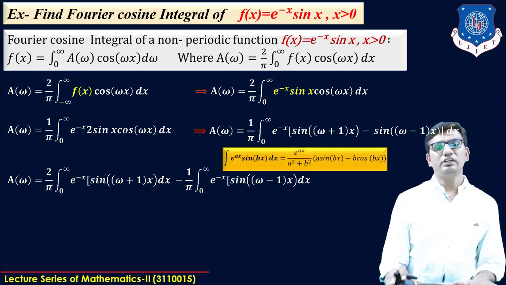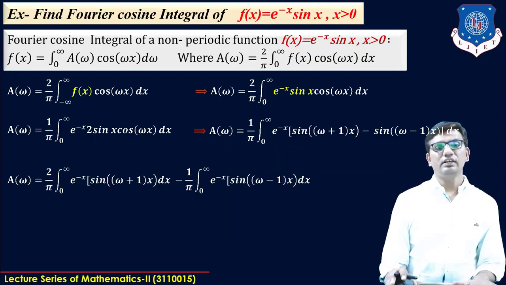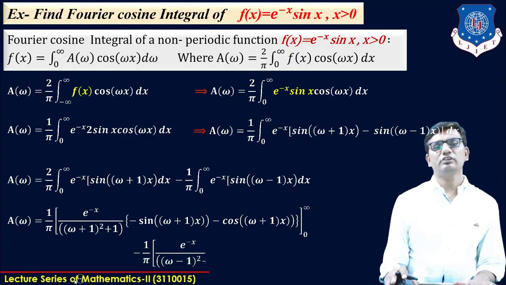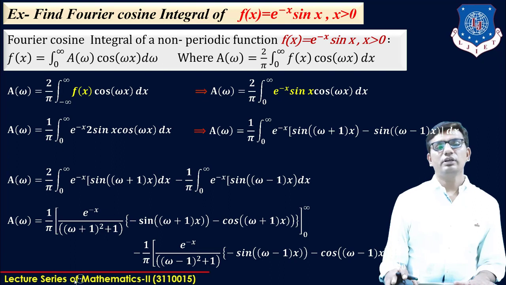Now after integrating by this formula, we get 1 upon pi into e raised to minus x upon (omega plus 1) whole square plus 1 into [minus sin (omega plus 1)x minus (omega plus 1) cos (omega plus 1)x] from 0 to infinity limit, and minus e raised to minus x upon (omega minus 1) whole square plus 1 into [minus sin (omega minus 1)x minus (omega minus 1) cos (omega minus 1)x] from 0 to infinity limit.